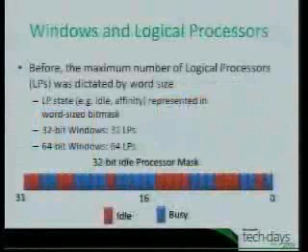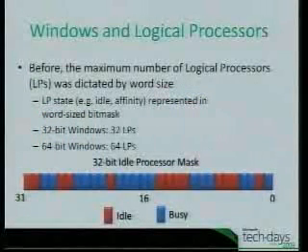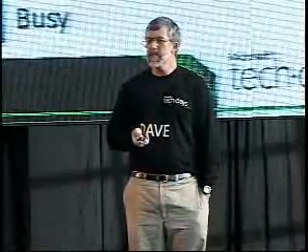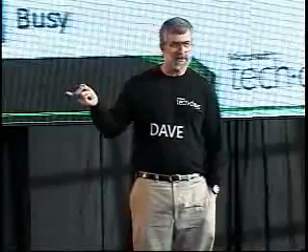As we've gotten more and more cores, particularly on servers, we've had to change how we represent the CPUs in the operating system. Because when we started, it seemed reasonable to say, well, we can use a bit mask, and we'll use a bit for every processor, and we're not going to run out of bits. And we did it for a long time, but with all the processors we have today, we've run out of bits.